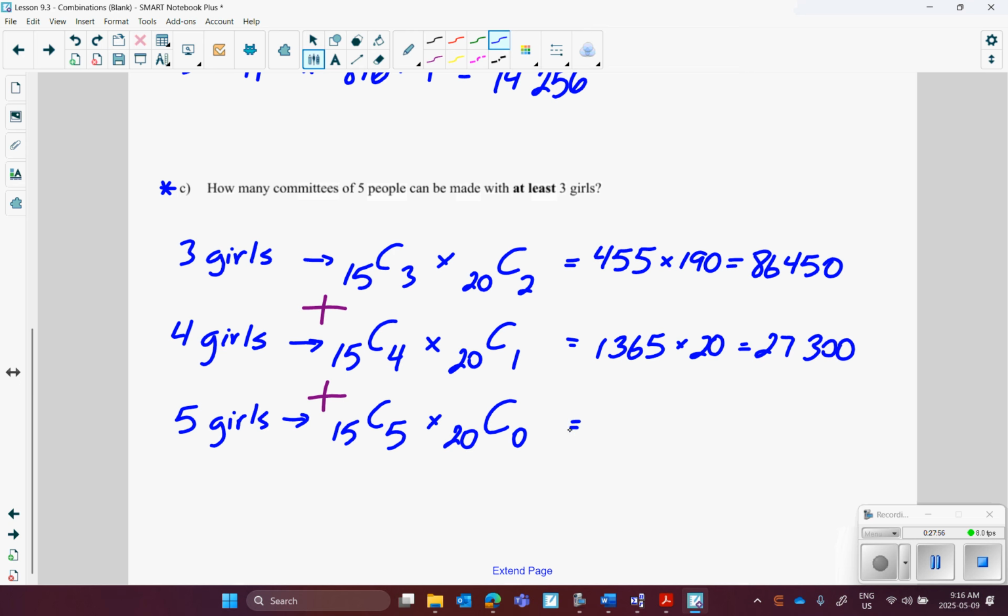And this would be 3,003 times, what do you think this is? 1. There's only one way to choose no boys, and that's to have all girls. So if r is 0, the answer is always going to be 1. So we can see there's certain patterns. 3,003, and then we add these together.